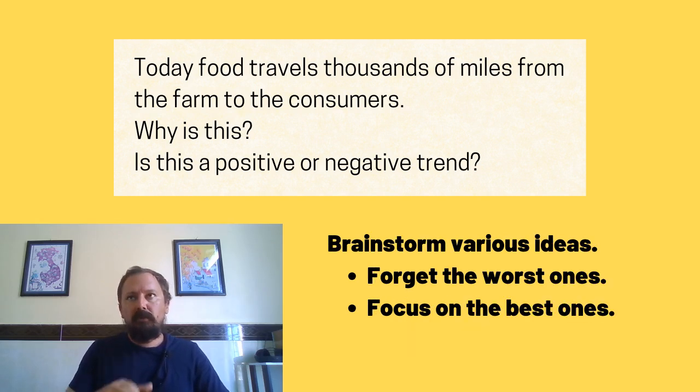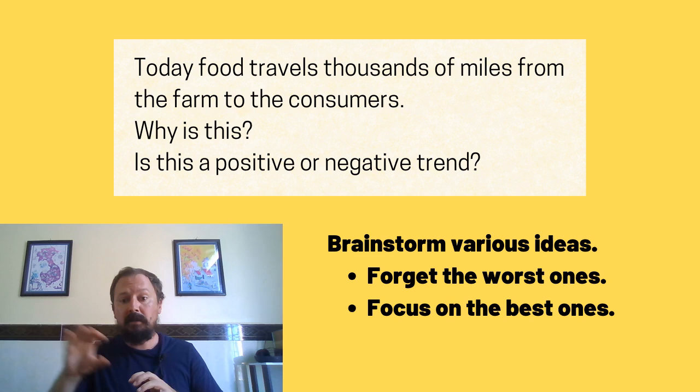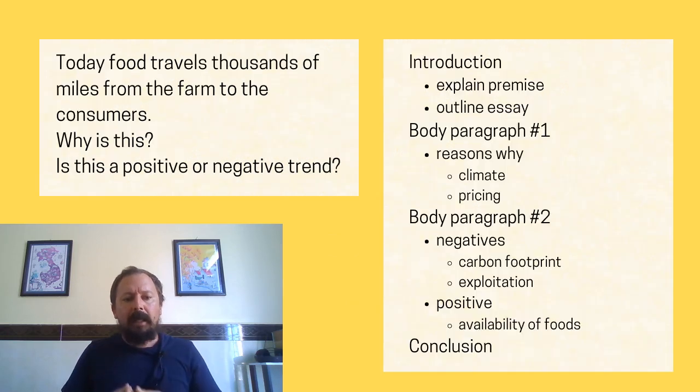So when we look at a question for the first time, we should brainstorm. We should think of multiple different ideas, and then we can separate them into the good ideas and the bad ideas, and then we just focus on the good ones. So here, why does food travel thousands of miles from the producer to the consumer? Well, what I'm going to say is, first of all, not all food can be grown everywhere.